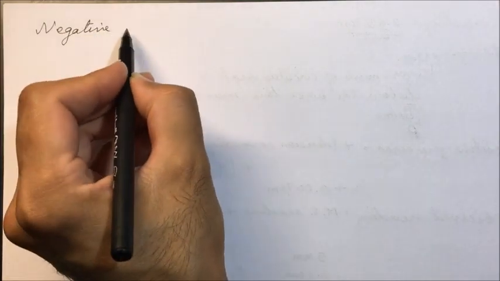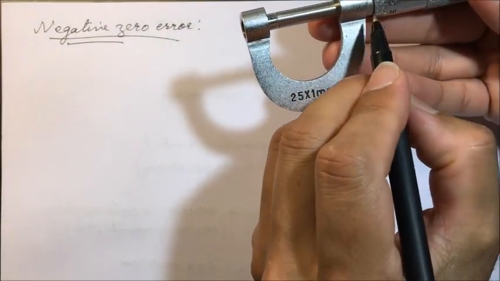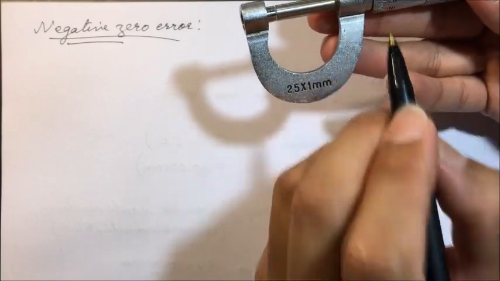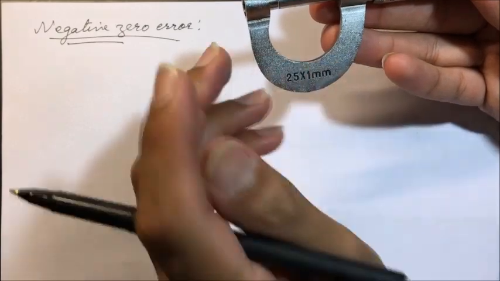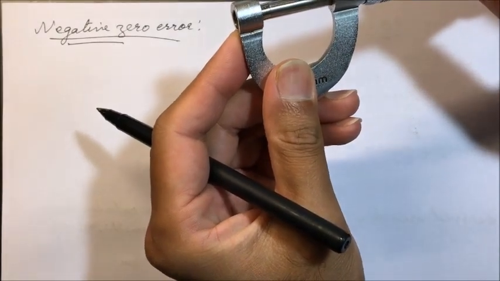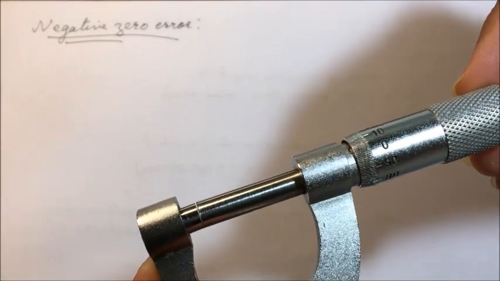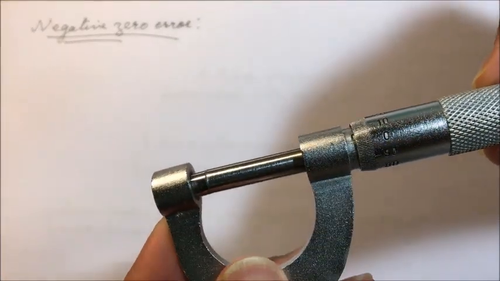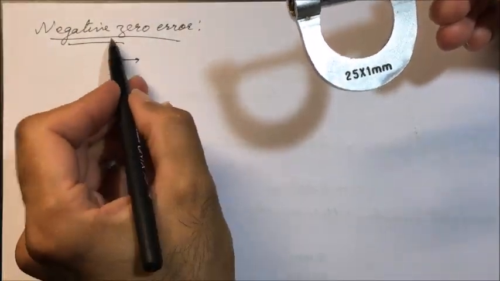Now we will be discussing negative zero error. In positive zero error, the 0 of the circular scale is below the baseline. Now if the 0 on the circular scale is above the baseline, the instrument is said to have negative zero error.